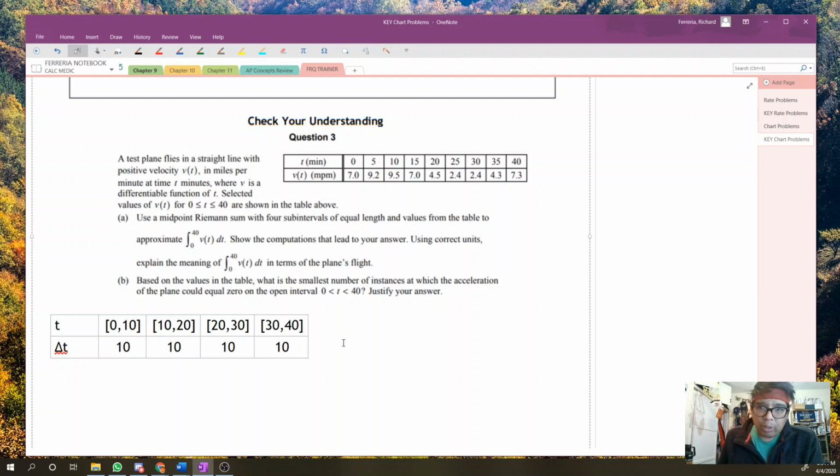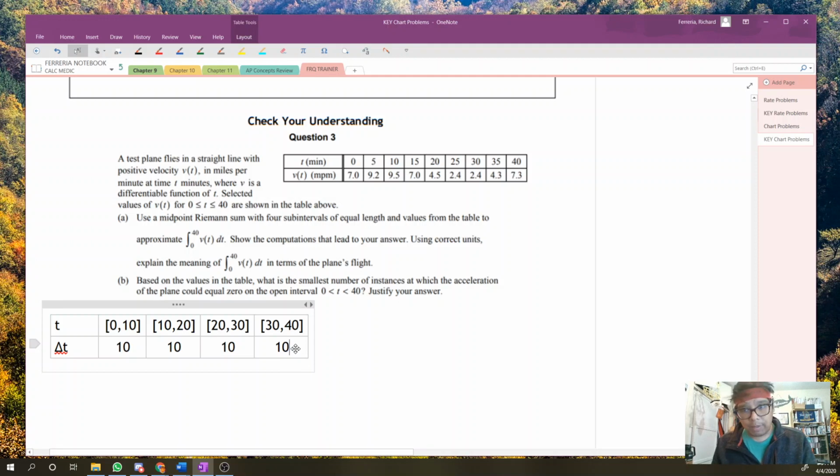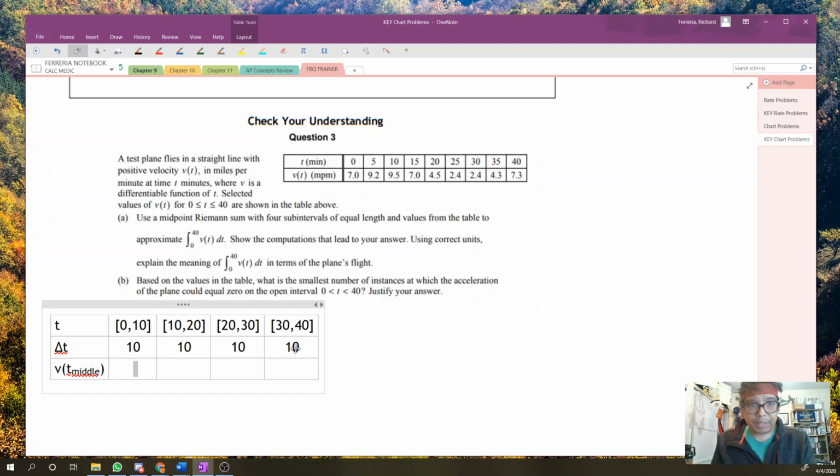So there's no real reason to factor out a 10. In fact, no, I'm not going to factor out the 10. Don't change things. Okay, next we have to figure out where do we evaluate v. And we're going to evaluate v at the middle. So what's the velocity in the middle of the interval from 0 to 10? Well, that's the velocity at 5. I'm looking up, and that is at 9.2.